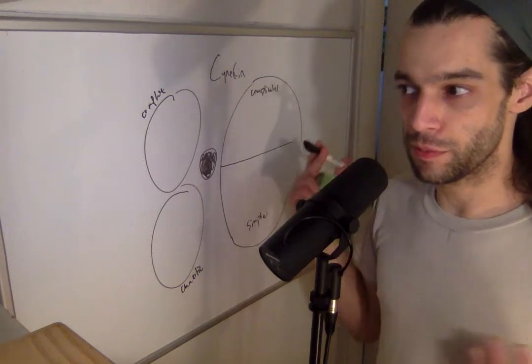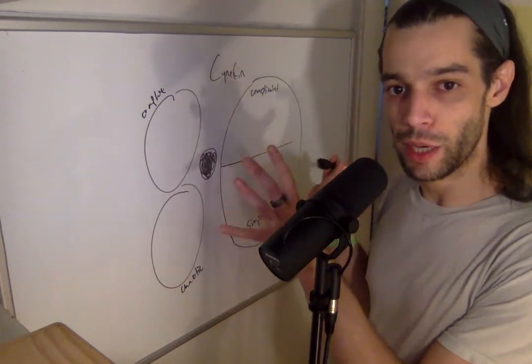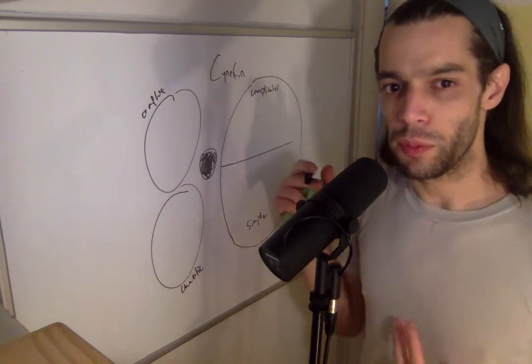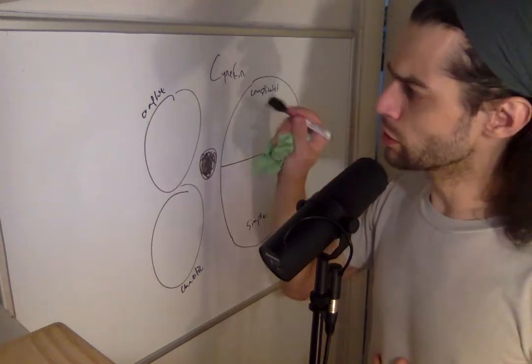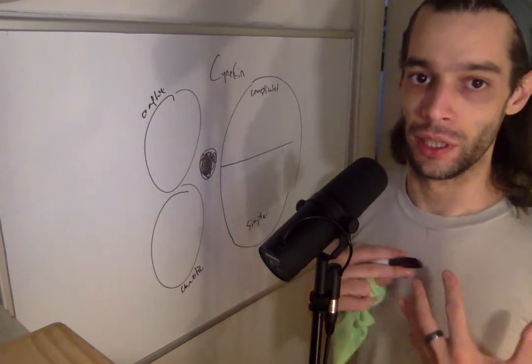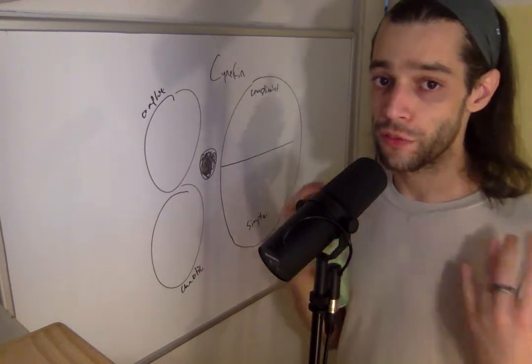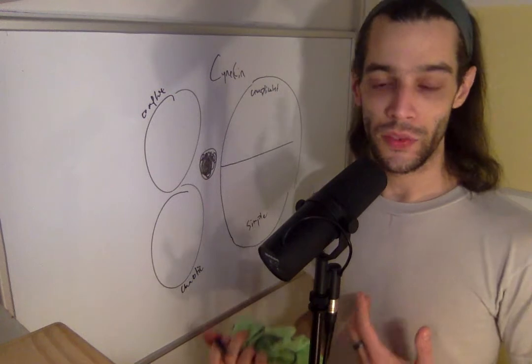Emergent is kind of a buzzword here, but it's like this will be self-organizing, bottom up, while the complicated is a little bit more like, I figured out this whole thing and I'm doing it top down. Complex is more like something emerges out of interaction. I often equate complexity with biology and living systems.